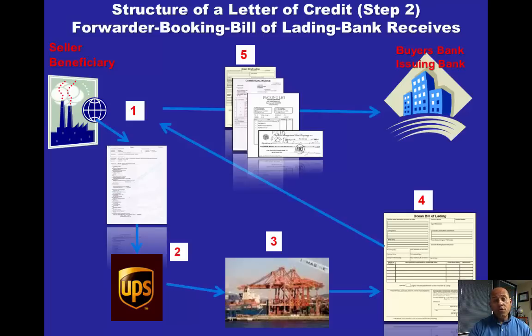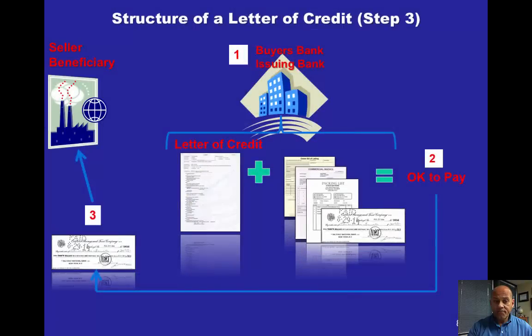Their freight forwarder, looking at those terms and conditions under the letter of credit, will then make the specific booking that will get the goods there within the date specified. They will generate the bill of lading. Then that bill of lading will go back to the seller and be part of the document set that will eventually go to the buyer's bank or the issuing bank for ultimate acceptance.